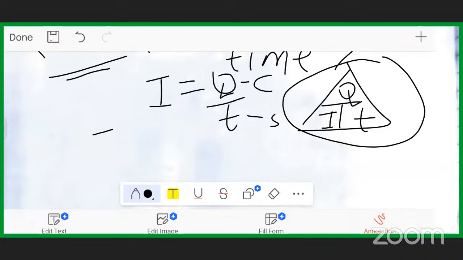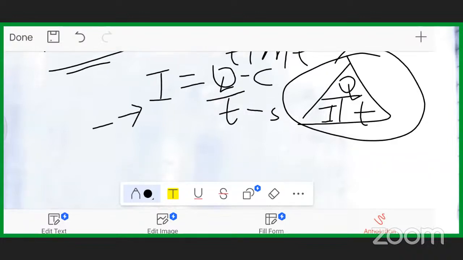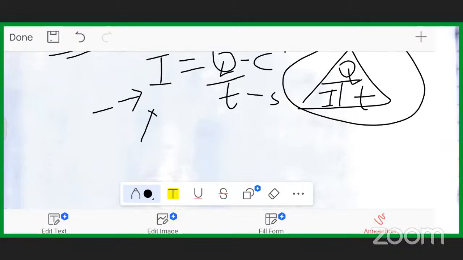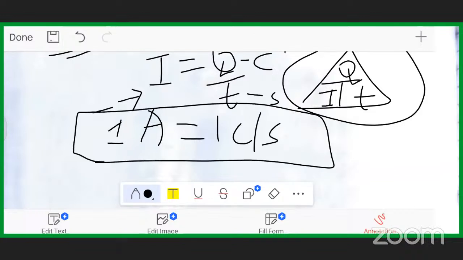Then for the current, the SI unit is the ampere, capital A. This is because of the scientist Ampere, who helped us in so many areas in electricity. But 1 ampere is dimensionally equal to 1 coulomb per second. So all these units can be used.